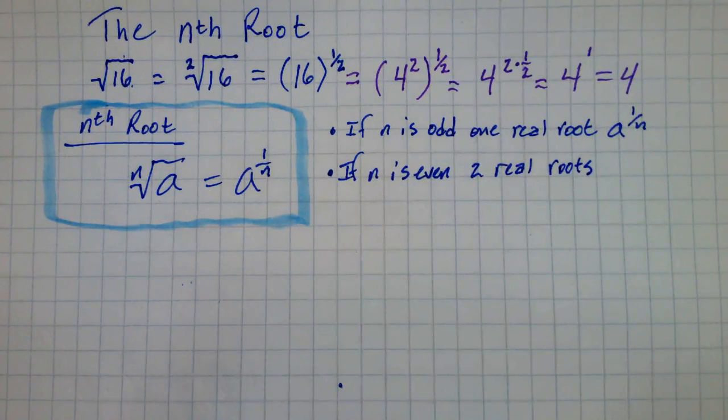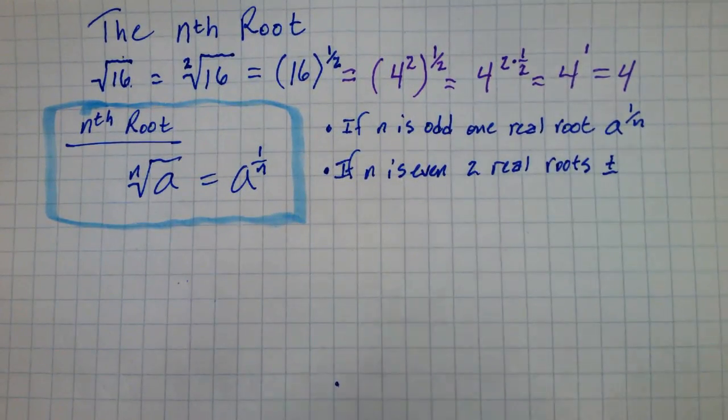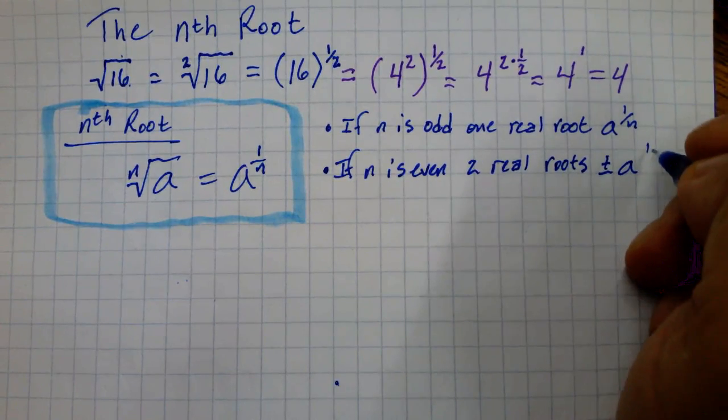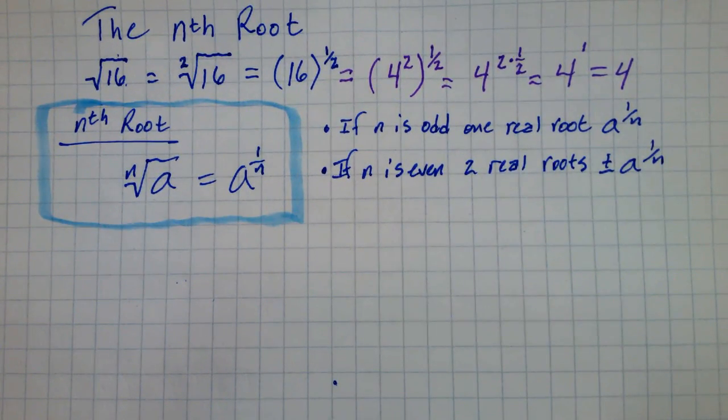That's why when we have square roots, we have pairs of answers, the positive and the negative. So the positive and the negative, we're going to use that plus or minus sign, whatever a to the 1 over n is. Okay? So you're going to get pairs of answers, the positive and the negative. So this works for 4th roots, 6th roots, 8th roots, 10th roots, etc. All right.